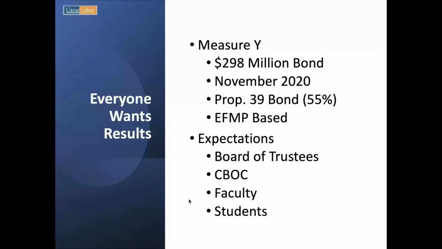One of the first things that happened, believe it or not, we were sitting in one of our committee meetings, and the first question out of the gate was, so when do we get to see a building? It's funny because everybody wants all those results, and some folks, because they're not necessarily familiar with all of the work that goes into delivering something like that, will reference regular private work and how fast a building can go up.